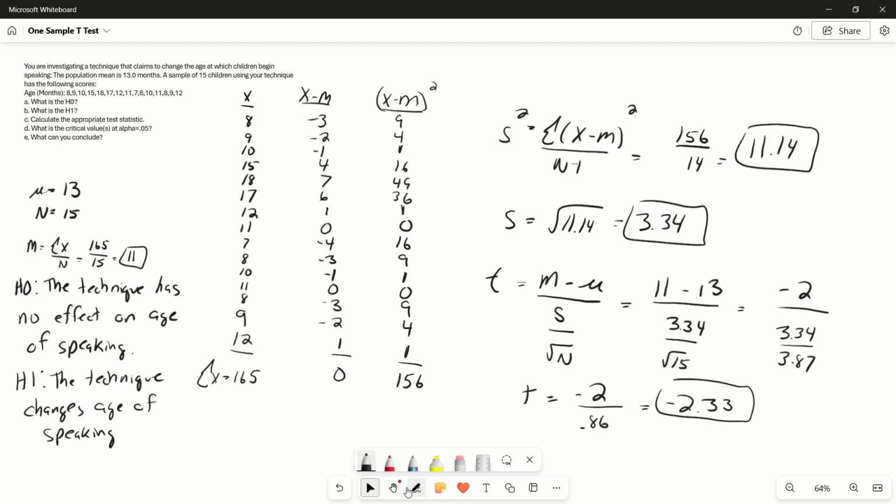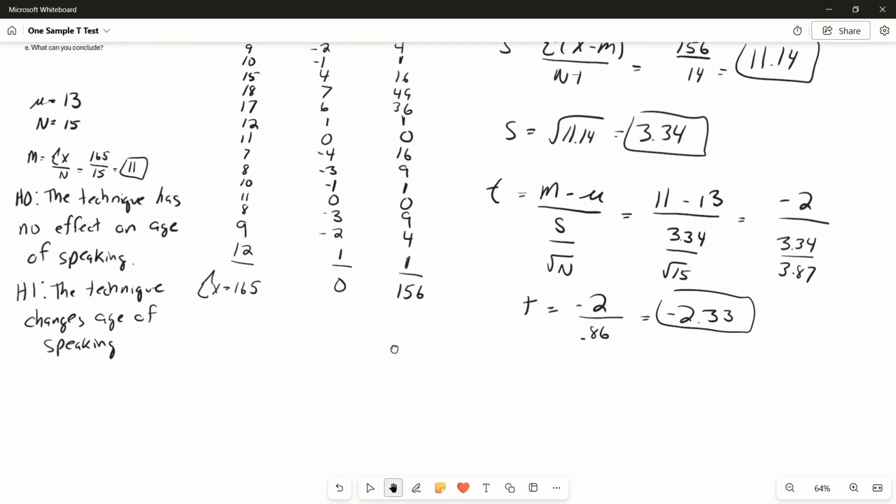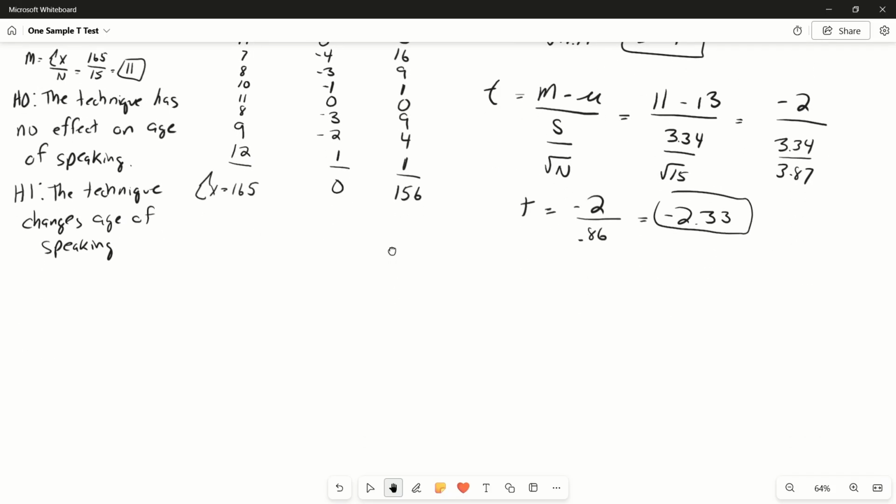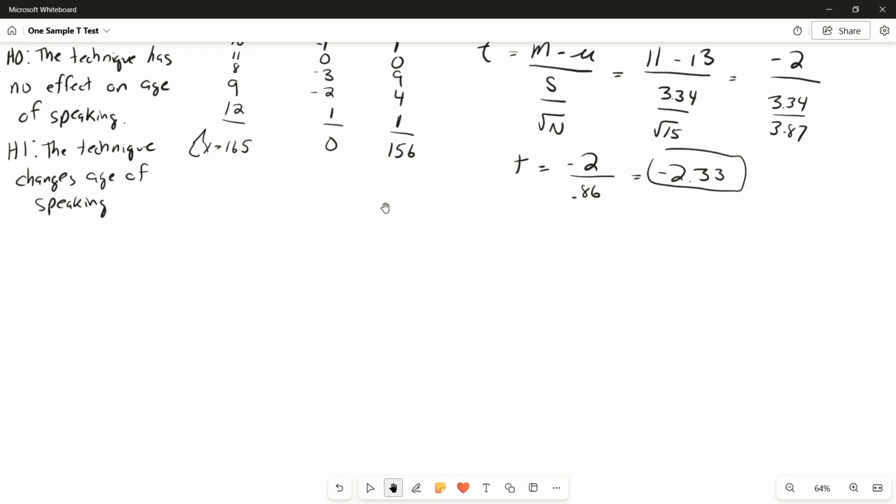So now we're going to look at, we have our t value. What we need to have is a critical t.